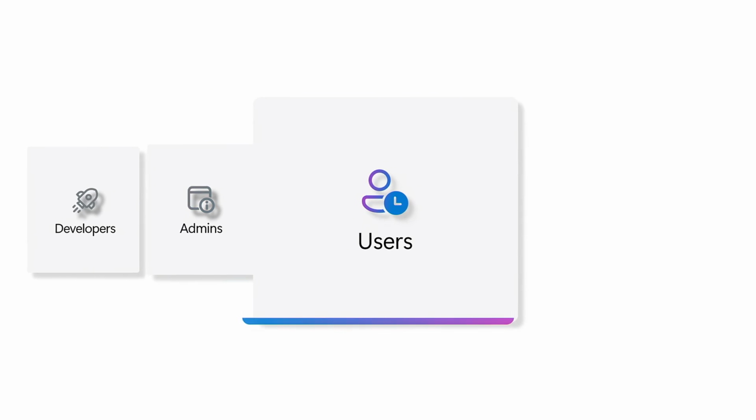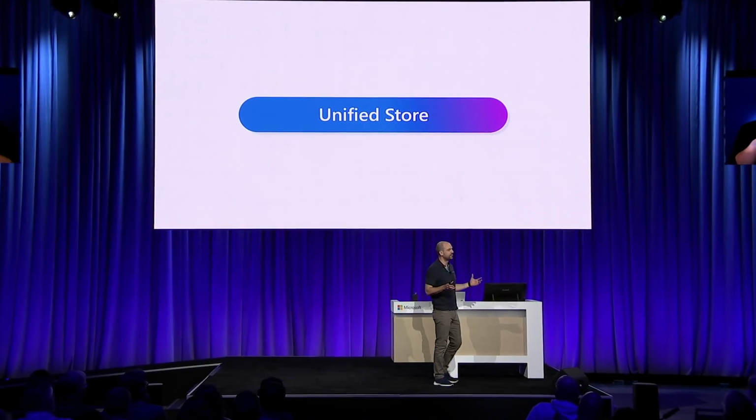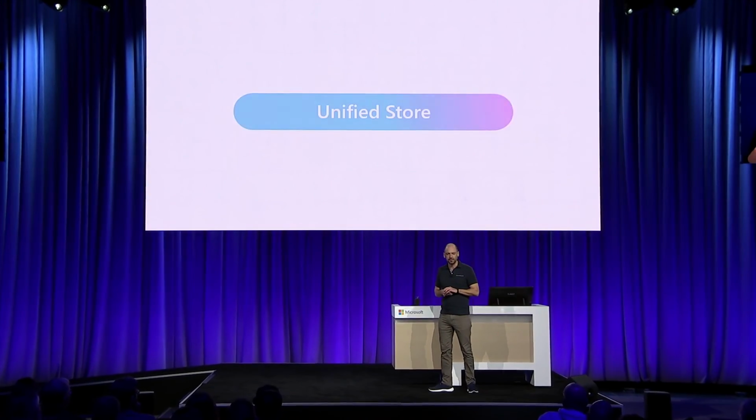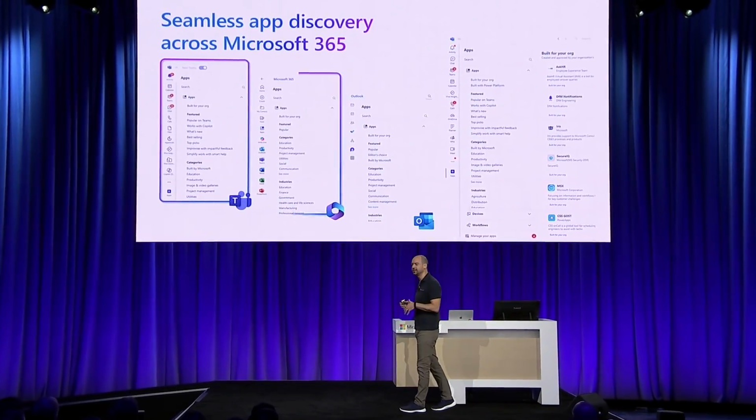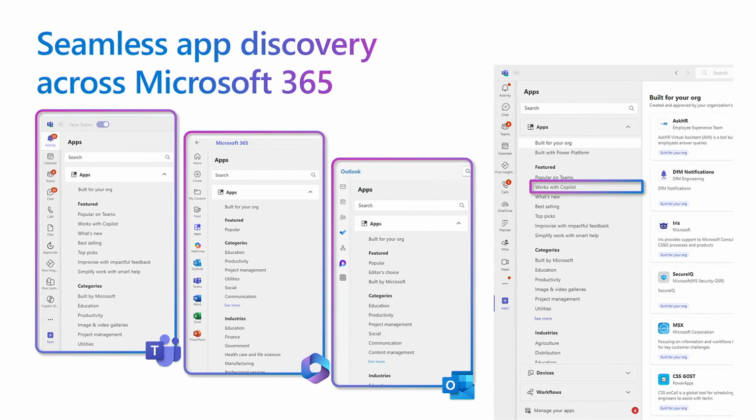And finally, to end users. We know that consistency and simplicity is key when it comes to acquiring and managing apps. So we've built a unified store that includes all apps integrated throughout Microsoft 365, including plugins and connectors. And you'll find a consistent App Store experience inside of Teams, Outlook, and the Microsoft 365 app.